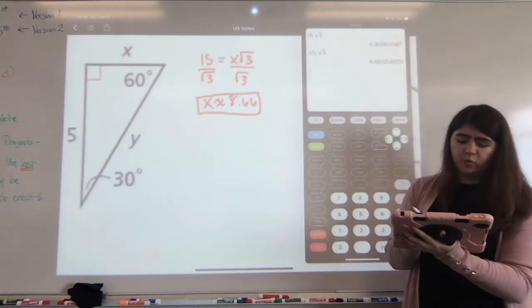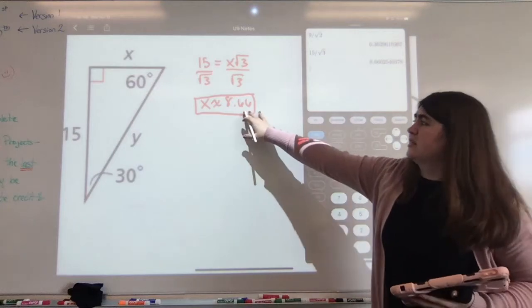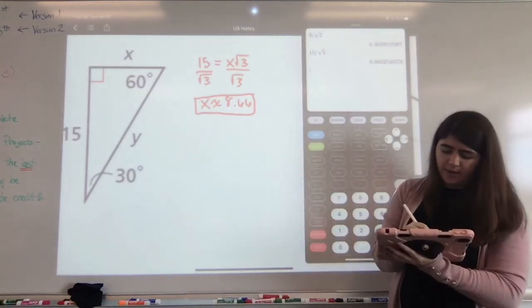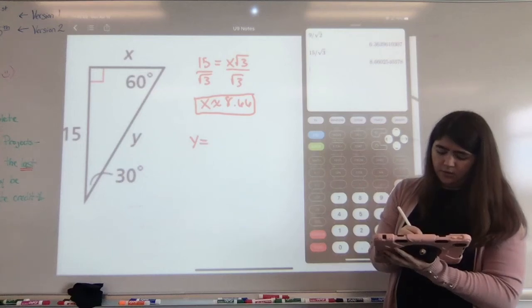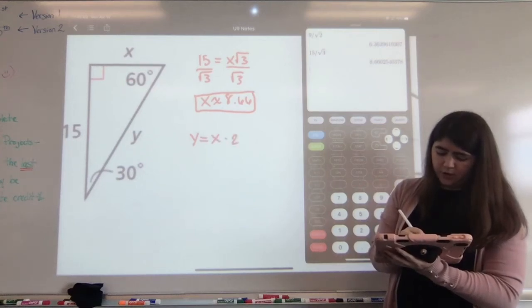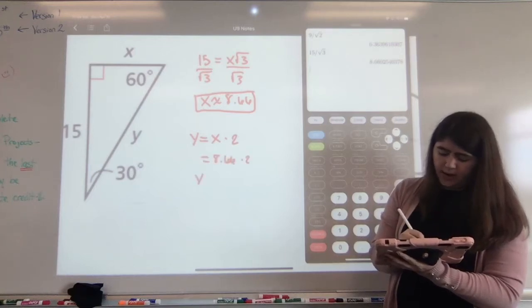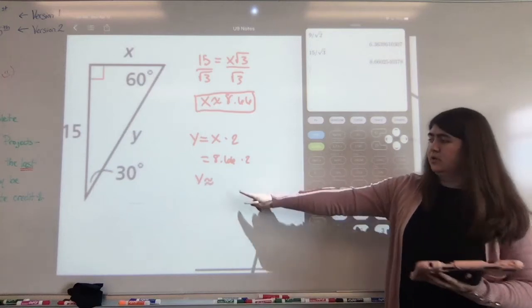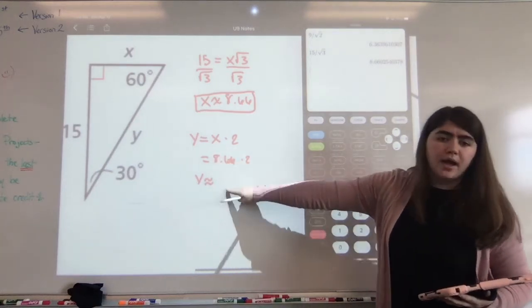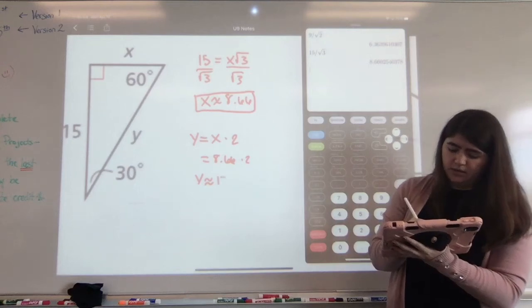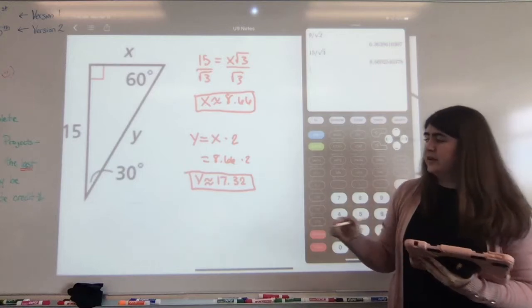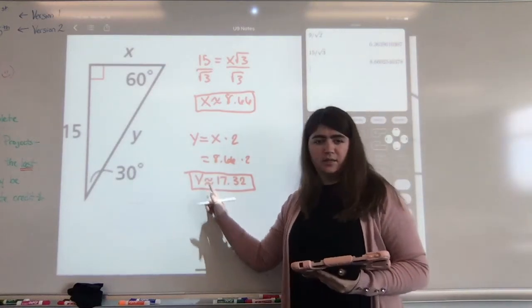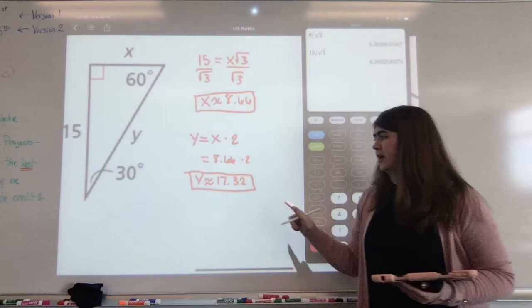So when I'm solving for y, which is 2 times this length, instead of typing in this whole decimal, I'm going to say y is equal to x times 2, or in other words, 8.66 times 2. So y is going to be approximately equal to, not equal to, but approximately equal to 17.32. Make sure if it is an approximation that you are using this approximately equal to, not the actual equal sign.